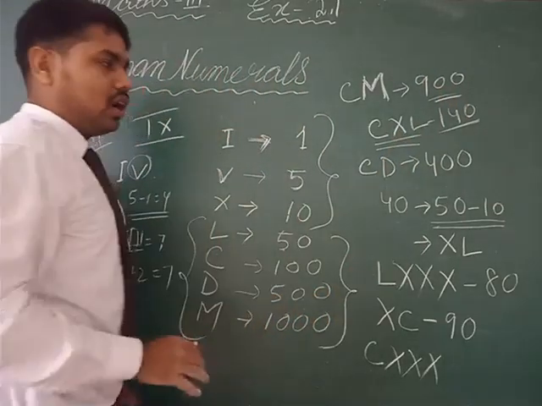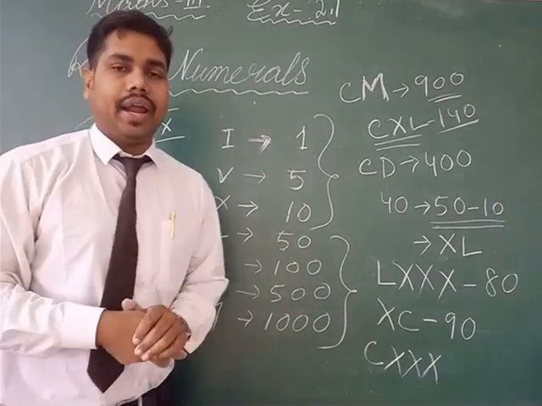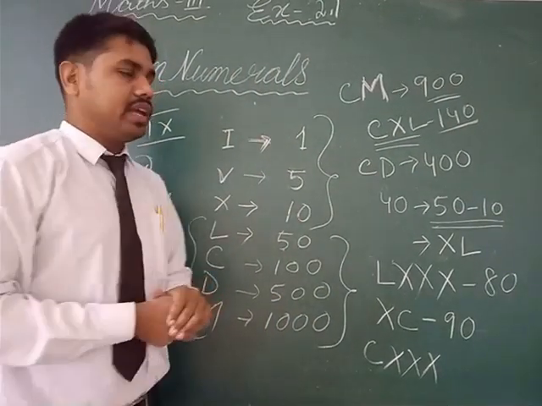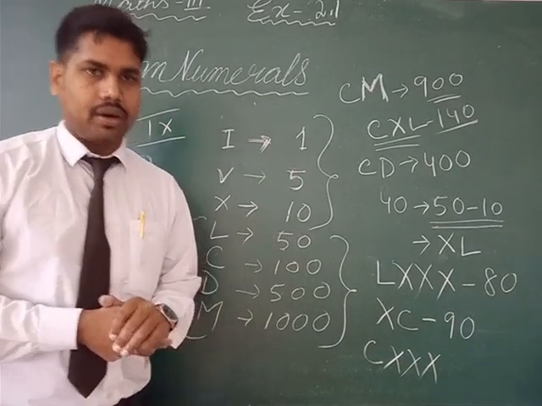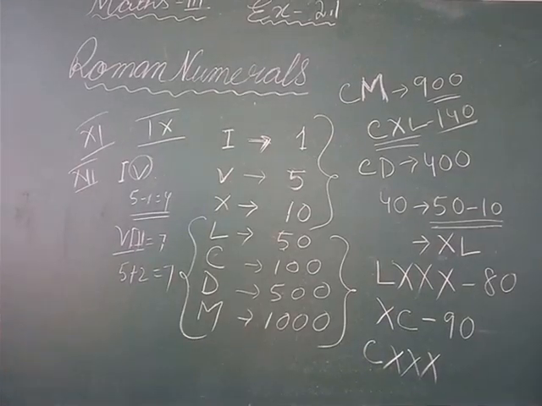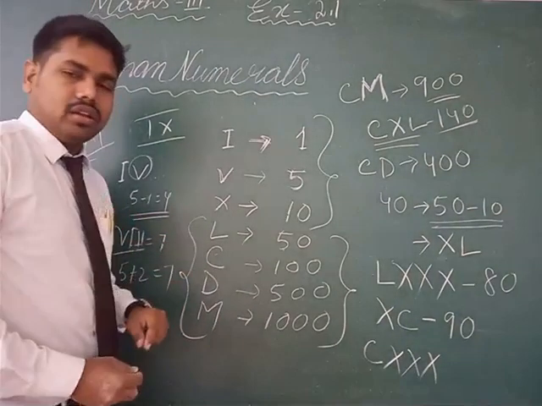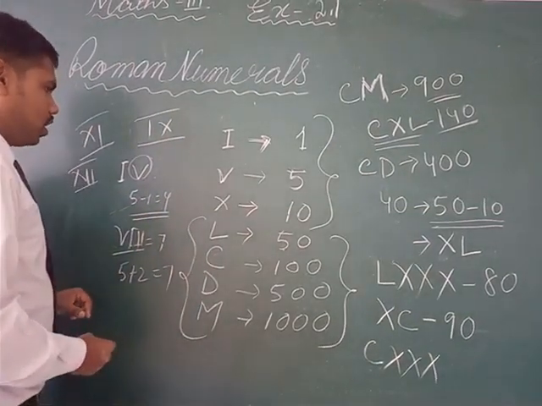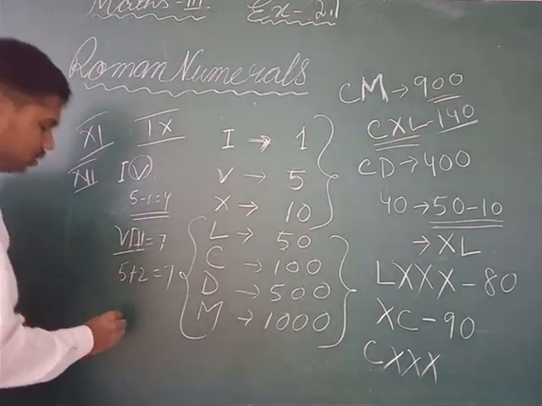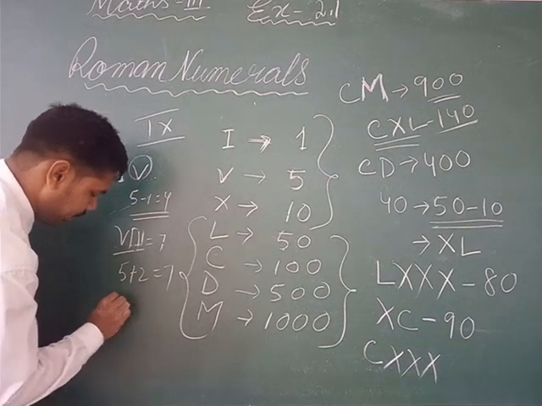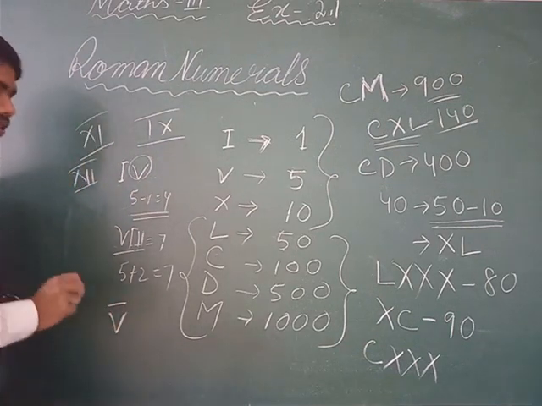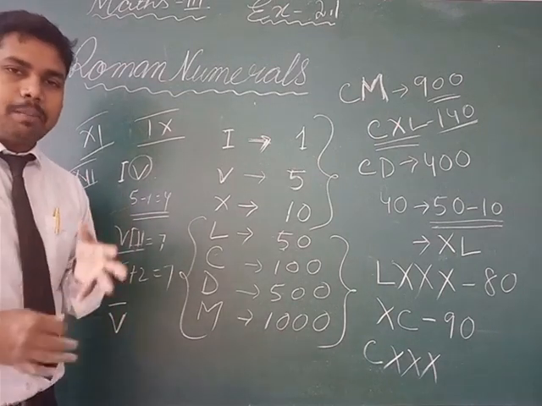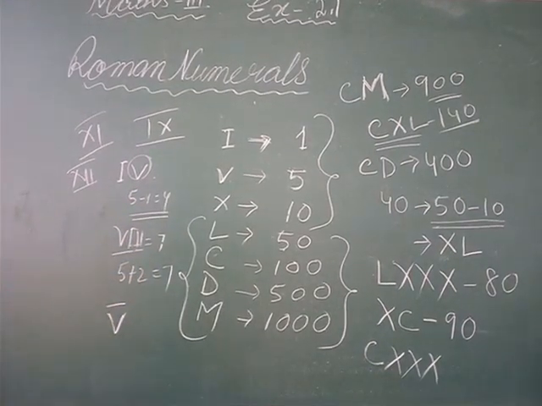So this is how you can write the Roman numerals of any particular number. One more thing is there which is called bar. So if you use bar above any particular number, bar we use like this, so that means that multiplied by 1000.